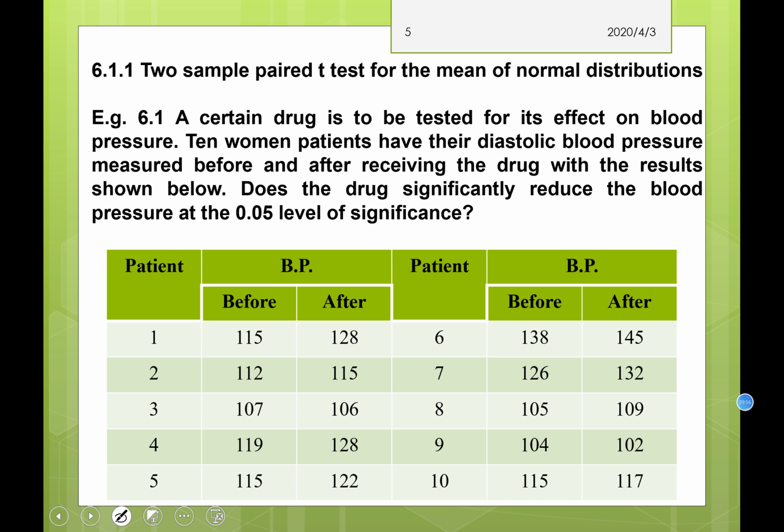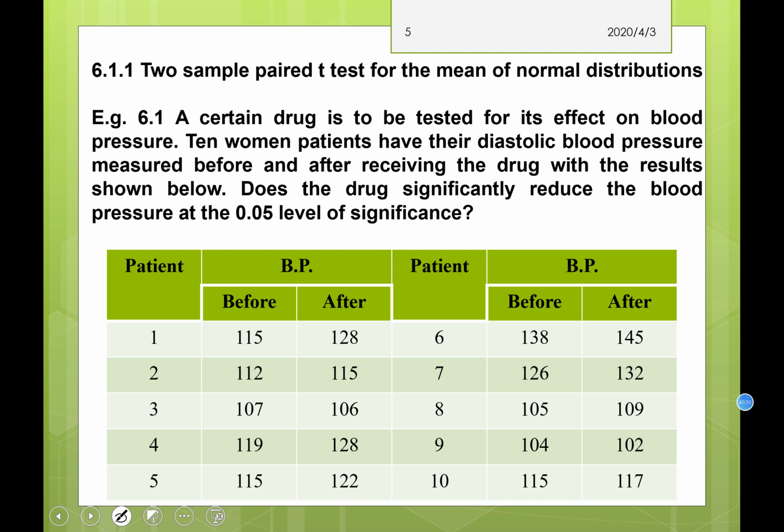Okay, so now we know what's the meaning of paired and what's the meaning of paired design. And how can we do the calculation? How can we solve the questions of paired design in medical statistics? Now let's read this example. This is the two-sample paired t-test for the mean of normal distribution.